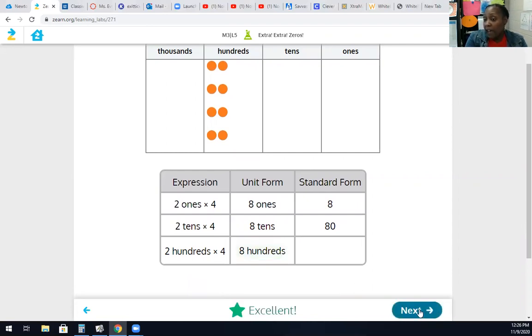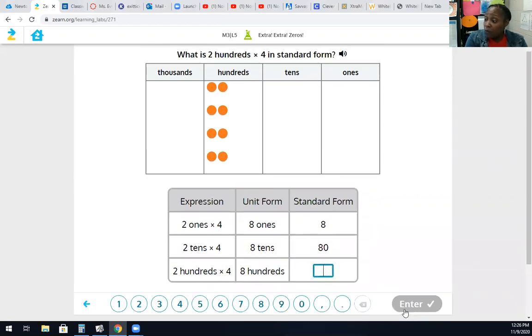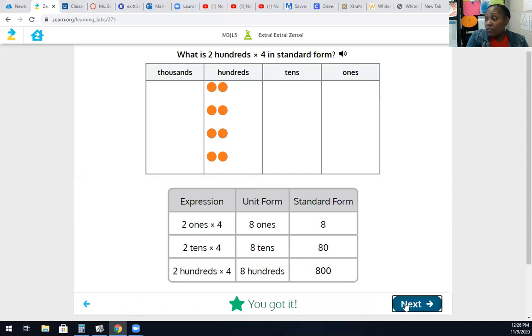Now we're going to enter that. And on next, it asks us for the standard form. And we know the standard form, if we count them here, 100, 200, 300, 400, 500, 600, 700, 800. That's 800. And we can enter that. And you're doing great.